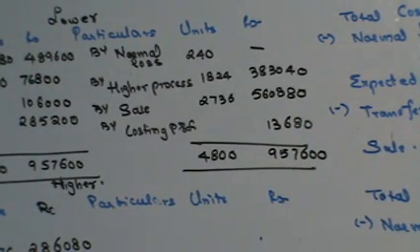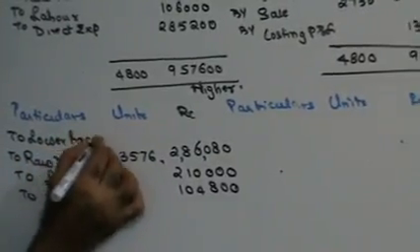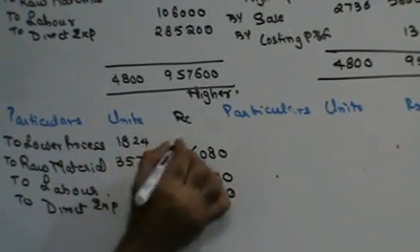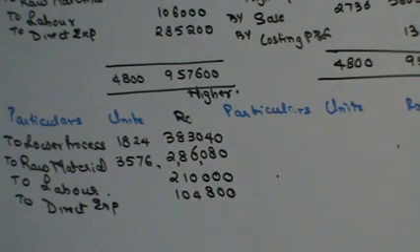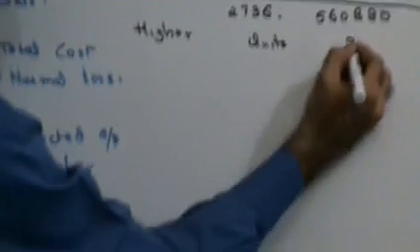This is going to be to lower process. Lower process is 1824 and that's 3,83,040. Right? Now let's see this. When you add this, lower process, higher process, units, rupees.